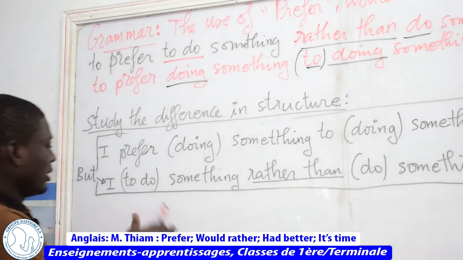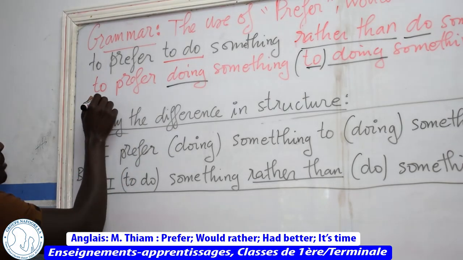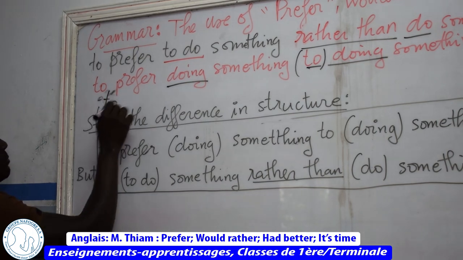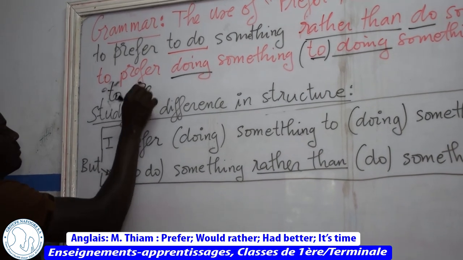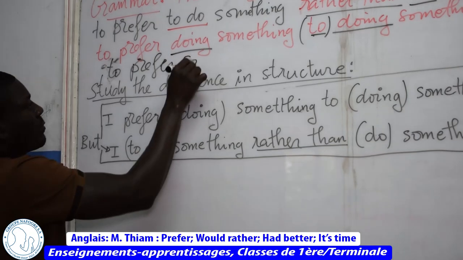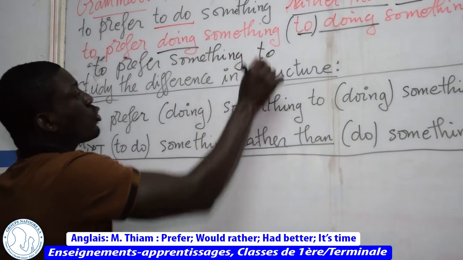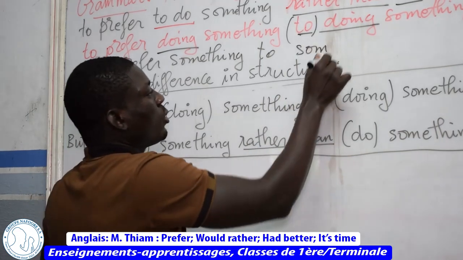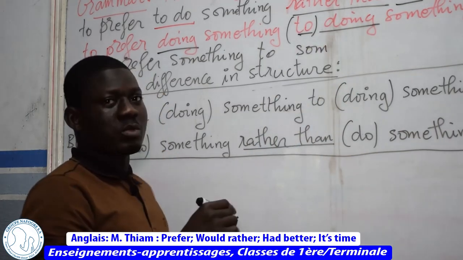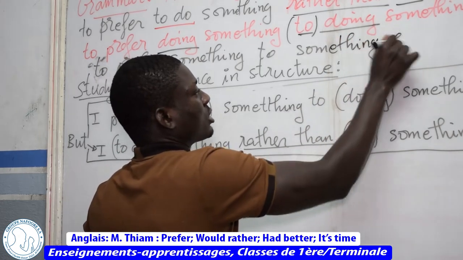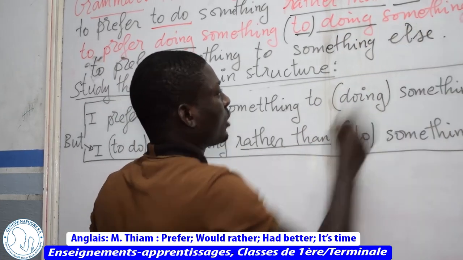All right? For example, you can say to prefer something to something else. This time, we're going to use nouns directly. Something to something else. Okay?